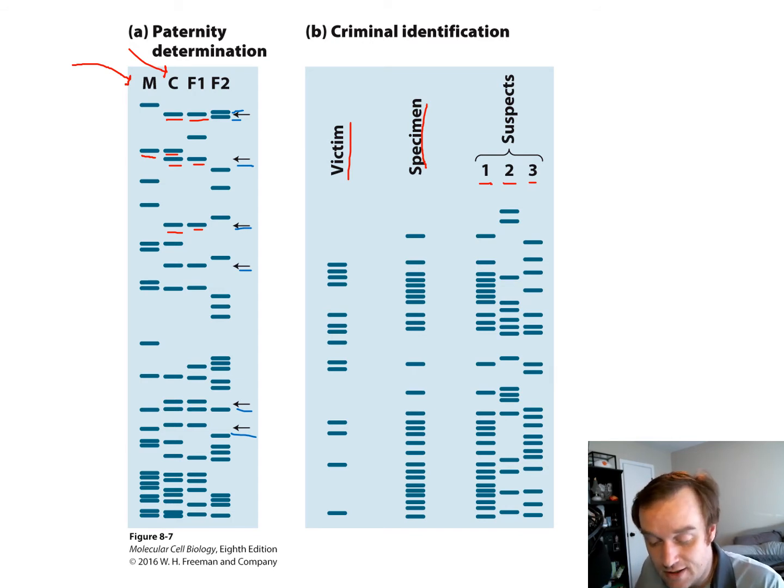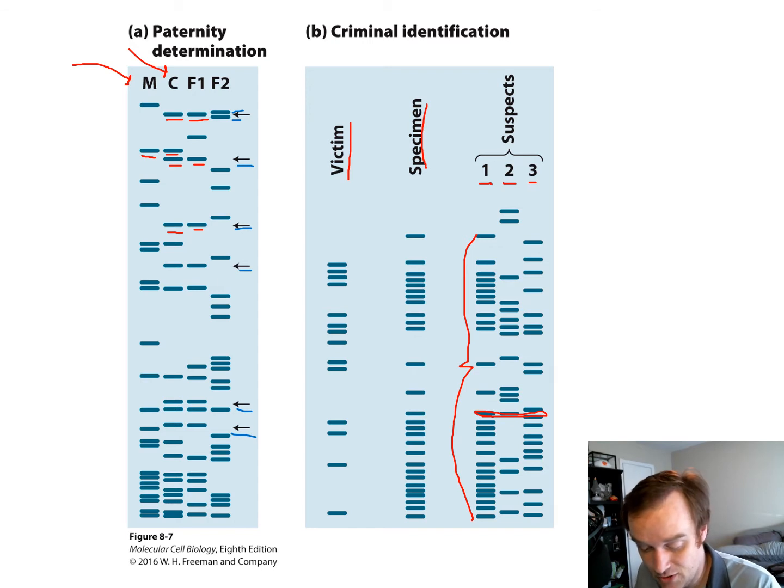In the case here, we see that the specimen matches up completely for all those microsatellites we tested with suspect 1, while suspects 2 and 3, even though they might have a couple that are in common, like right here, or at least those two, suspect 1 and 2, they'd have to have all of them in common. And so we know that the specimen belongs to suspect 1.